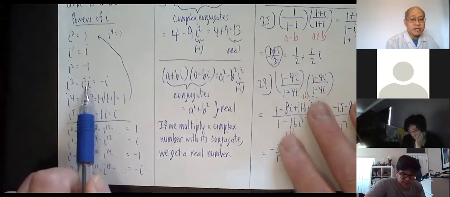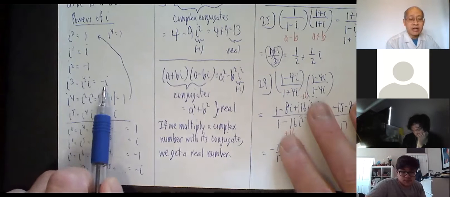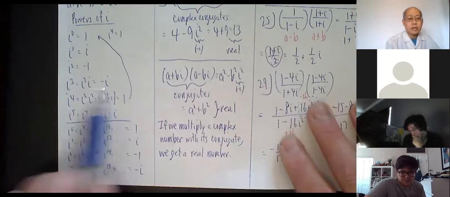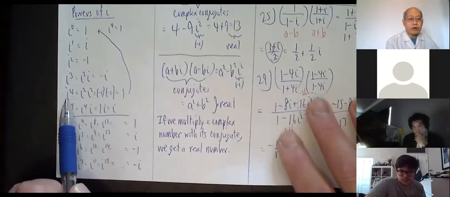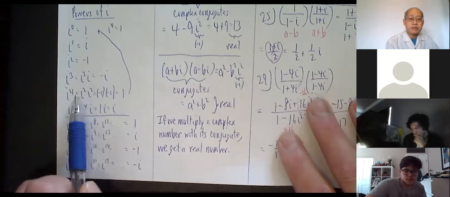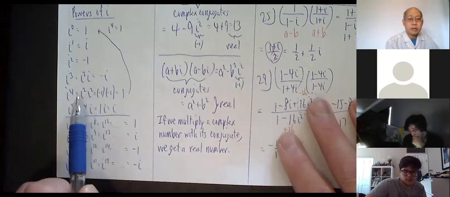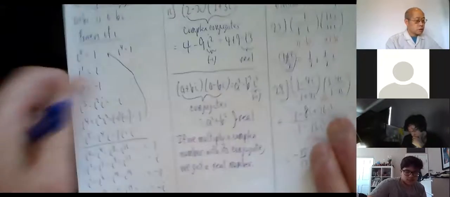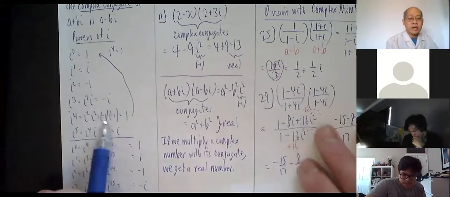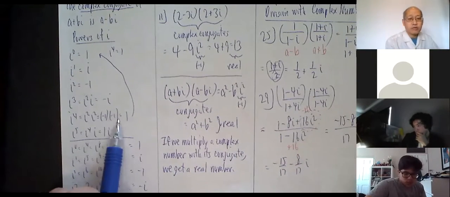So it's -1 times i, which is -i. Then how about i to the 4th? I can think of it as i squared times i squared, and I already have i squared being -1. So I've got -1 times -1, which is 1.